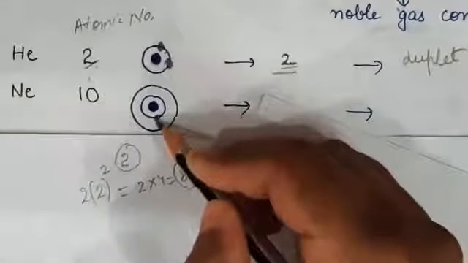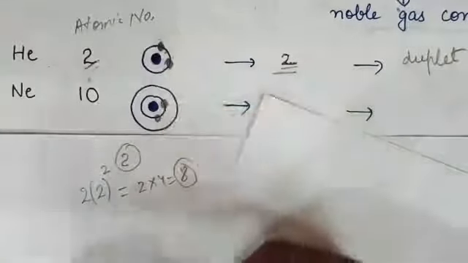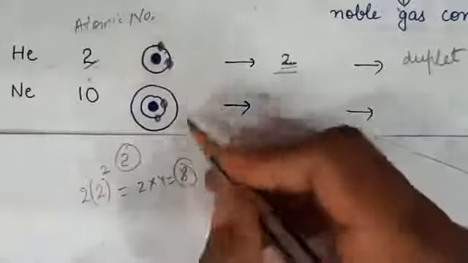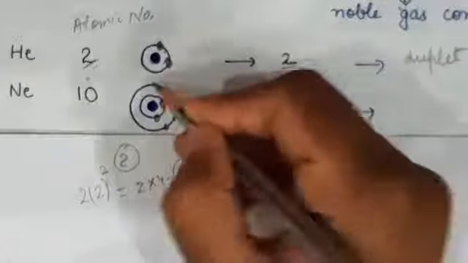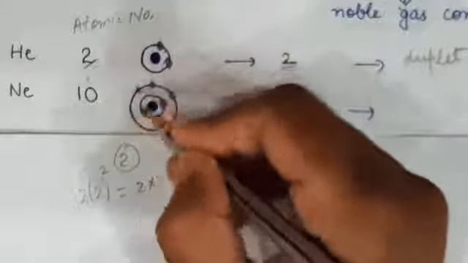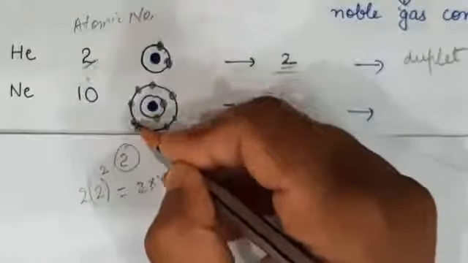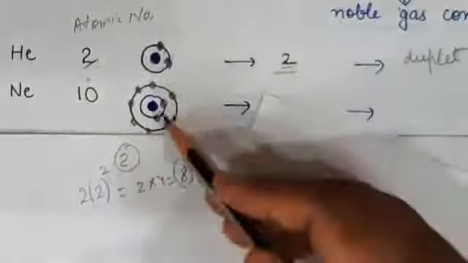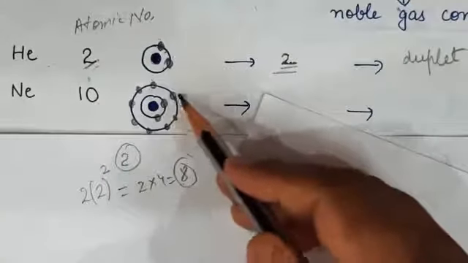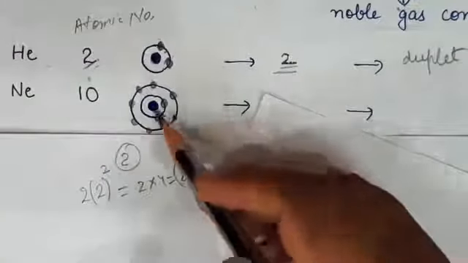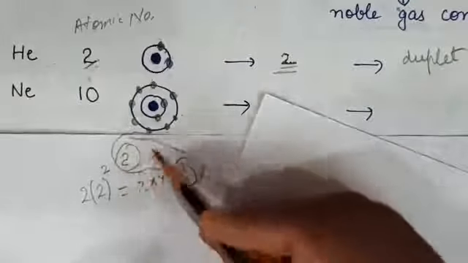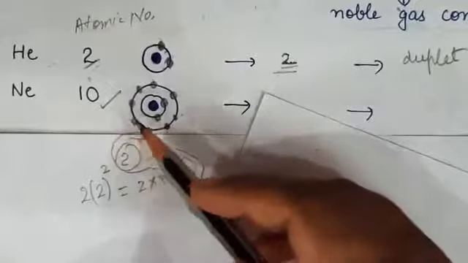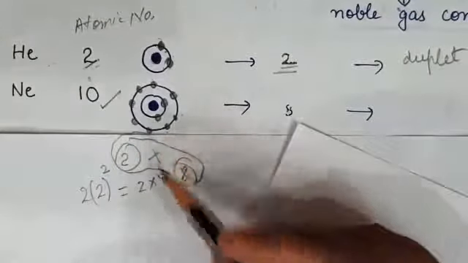First shell 2 electrons. Second shell 8 electrons: 1, 2, 3, 4, 5, 6, 7, 8. So 2 in the first shell, 8 in the second shell. 2 plus 8 is 10. So we have filled 10 electrons.